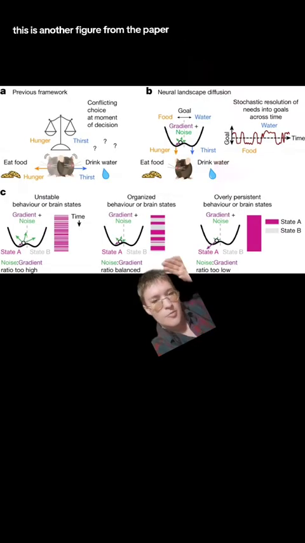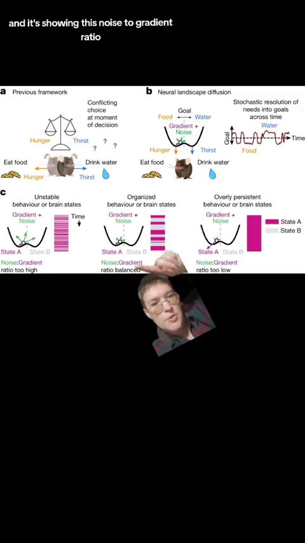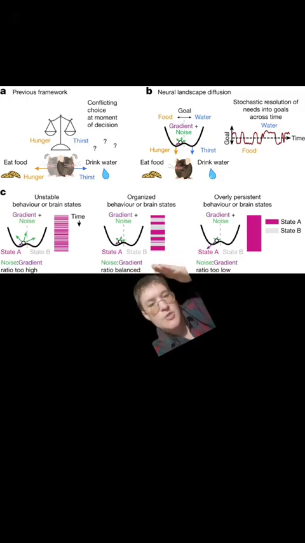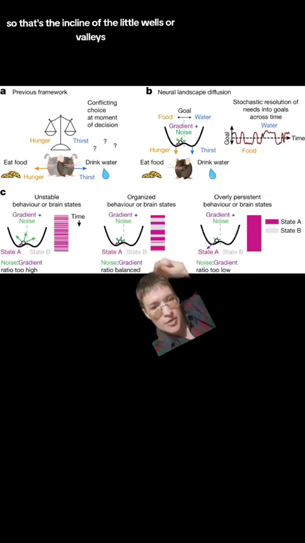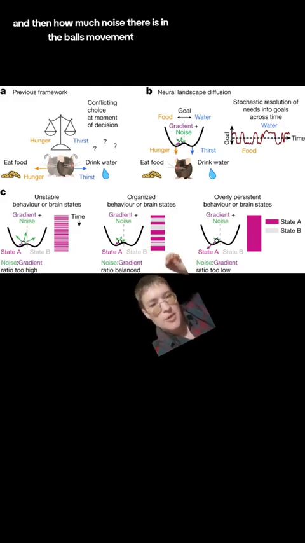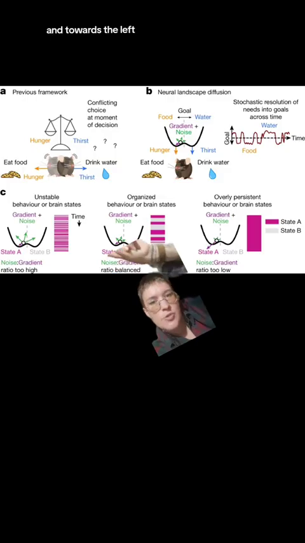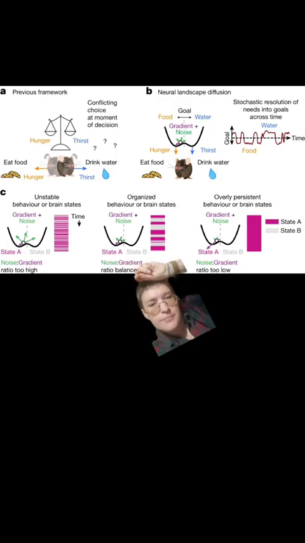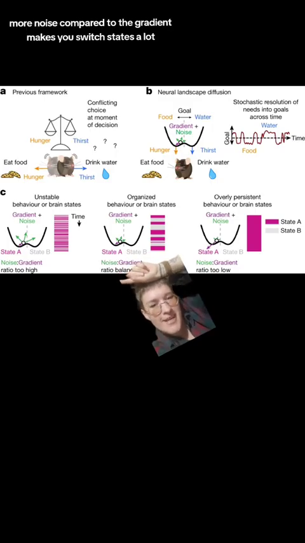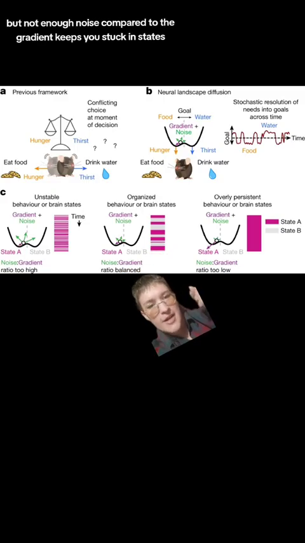This is another figure from the paper, and it's showing this noise to gradient ratio. That's the incline of the little wells or valleys, and how much noise there is in the ball's movement. Towards the left, you can see that more noise compared to the gradient makes you switch states a lot, but not enough noise compared to the gradient keeps you stuck in states.